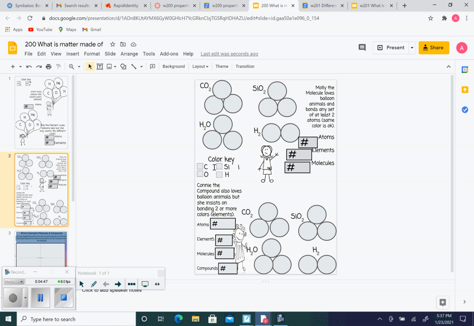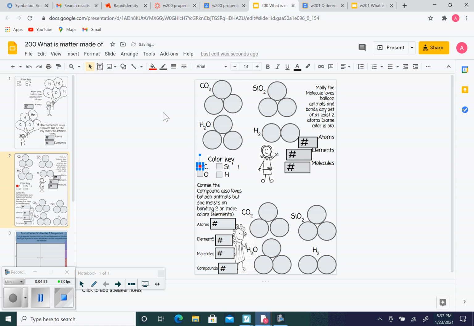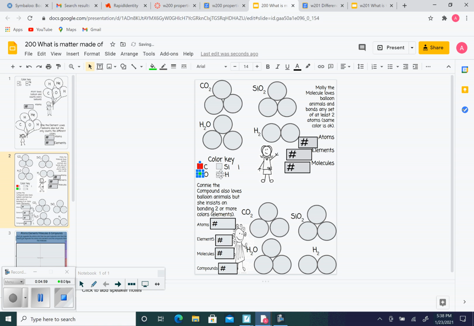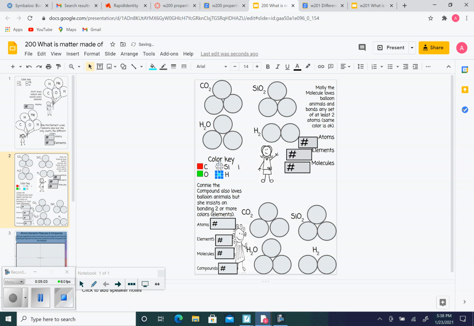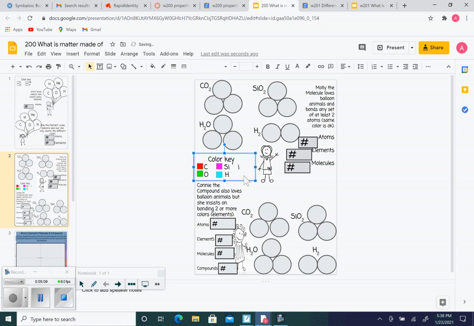Go ahead and set your color key. It doesn't matter what color you're doing. I'm going to try and get mine relatively the same. I'll make silicon pink.